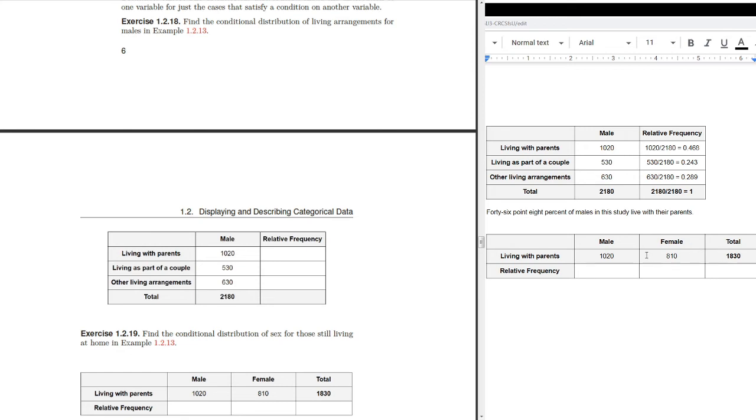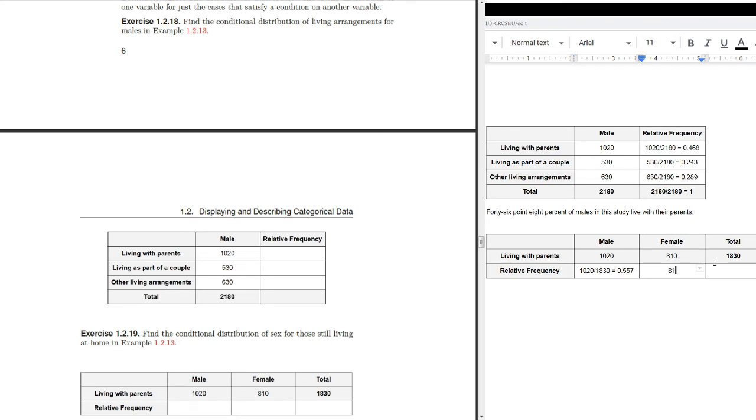Similarly, we're going to take each frequency, and instead of dividing it by the grand total, we will only divide it by the total number of adults that live with their parents. So for males, we have 1020 divided by 1830, and this gives us 0.557.